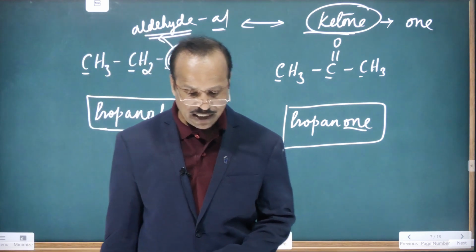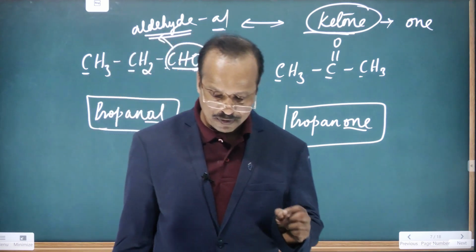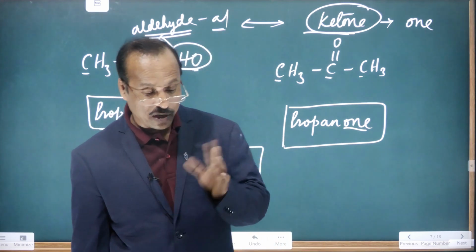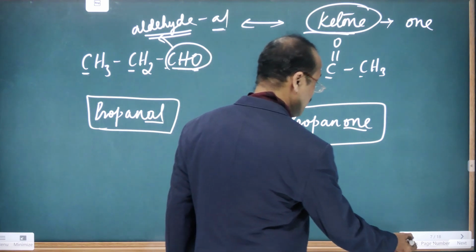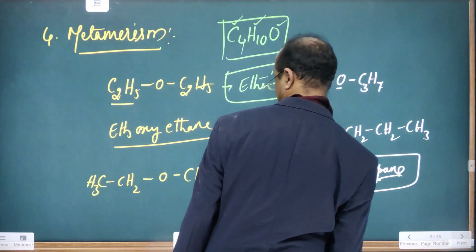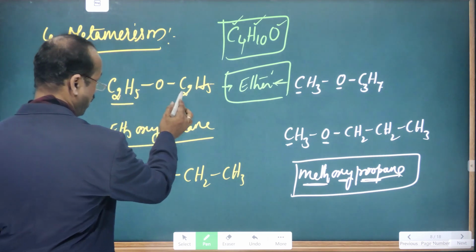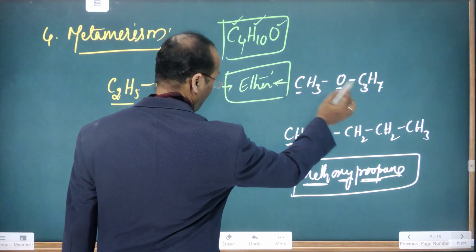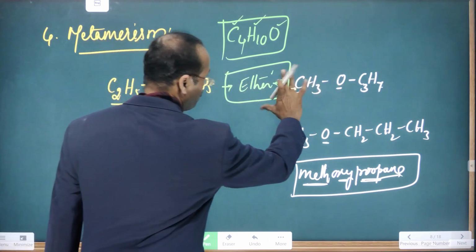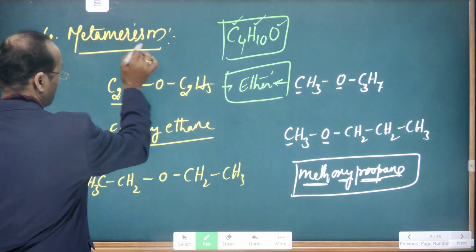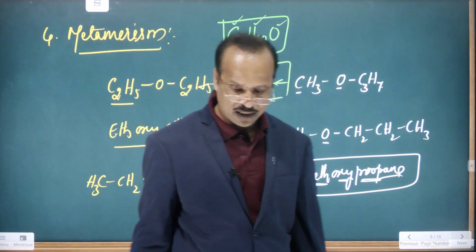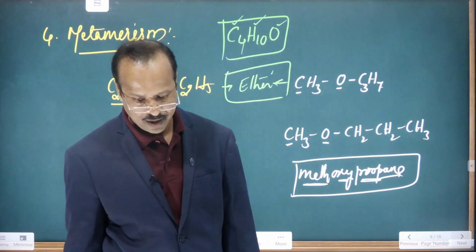Ninth one: isomerism which arises due to the presence of different alkyl groups on either side. Different alkyl groups on either side. Here 2 carbons, here 2 carbons. But here 1 carbon, 3 carbons. So different alkyl groups on both sides. That's called metamerism. So the option is the third option. The ninth one is 3. Right?